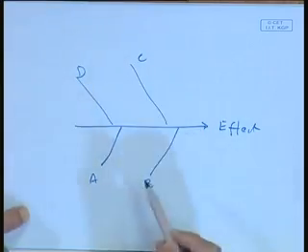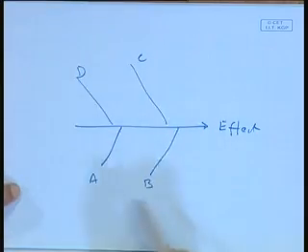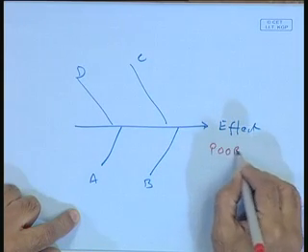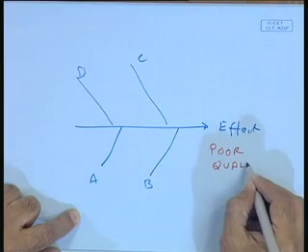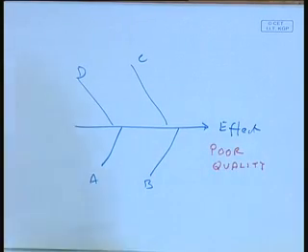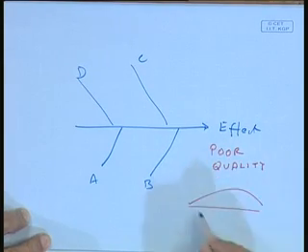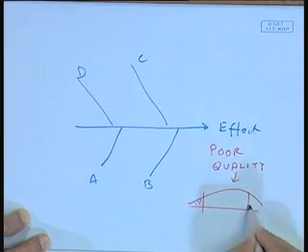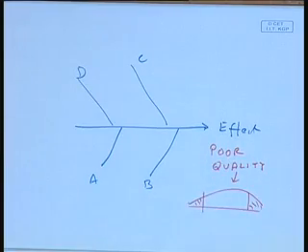I'll have to understand how and why these factors are affecting that quality. The effect is actually poor quality, and poor quality gives you high variability. Your specs are here, but you're producing stuff that is out of spec. This is what I'd like to avoid.